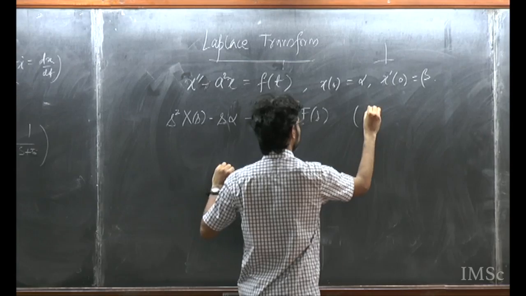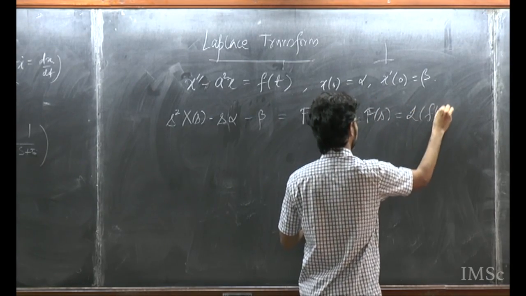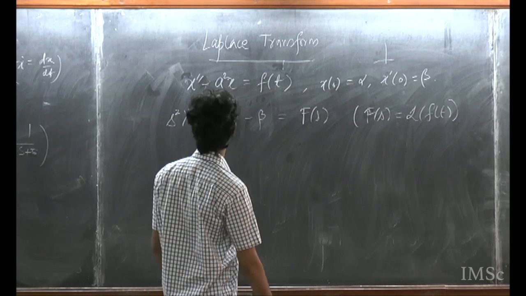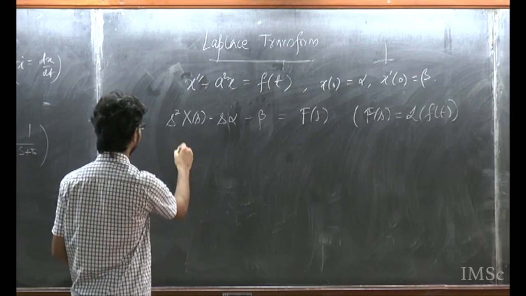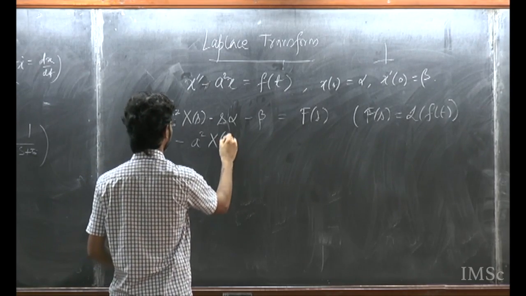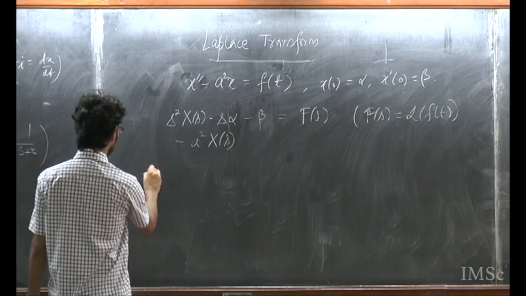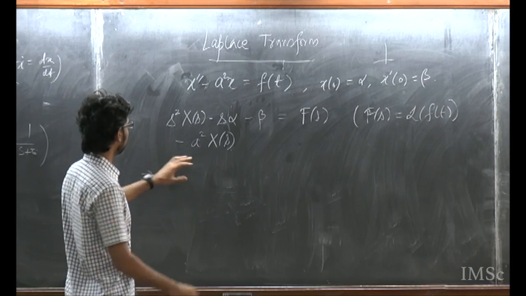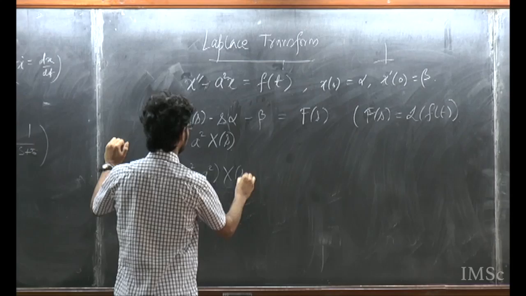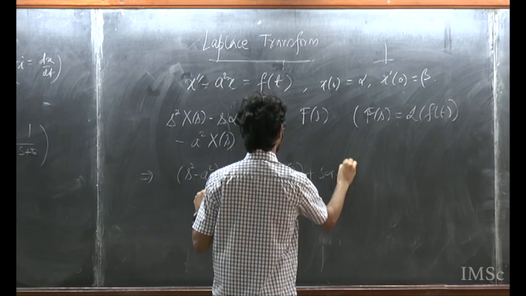So F of s is the Laplace transform of f of t. Yeah, I forgot. Thank you. Sorry about that. Minus a squared X of s. So you can collect the terms for X of s. X of s equals F of s plus s alpha plus beta.